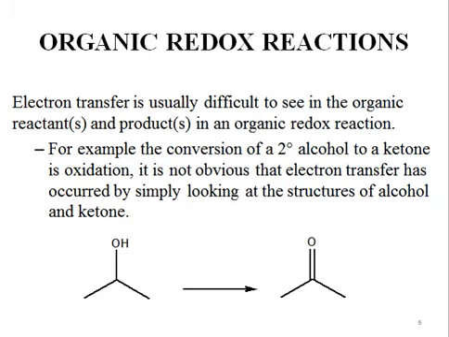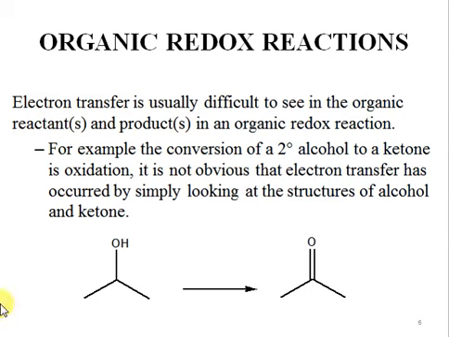Now let's see the organic redox reactions. In redox reactions, the electrons are flowing from one species to another. The species which is losing electrons is being oxidized, and the species which is gaining electrons is being reduced. But by just seeing the organic reactions, we cannot say which of these is gaining electrons and which is losing electrons.